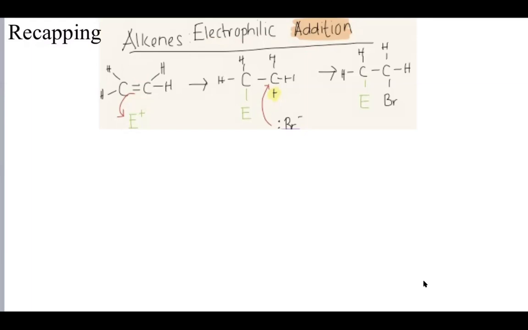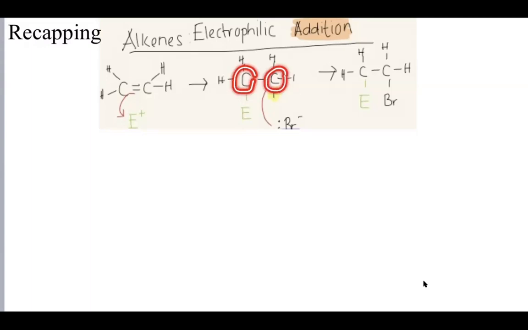Okay, so the double bond will break. One of the double bonds will break. It attacks the electrophile, and then it forms a new bond with your electrophile. Okay, so that C single bond E is the new bond. Remember, this double bond is broken, so this first carbon has 4 substituents already.